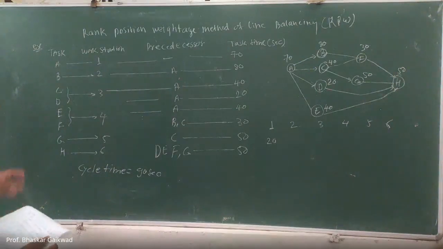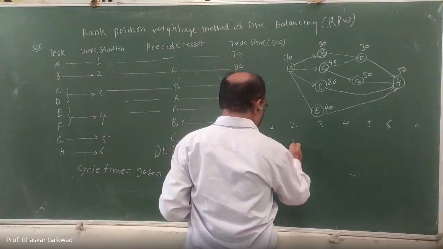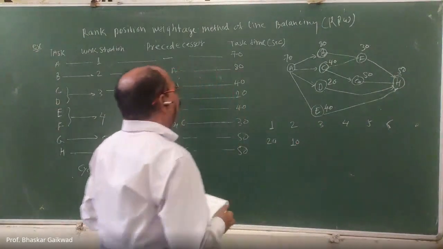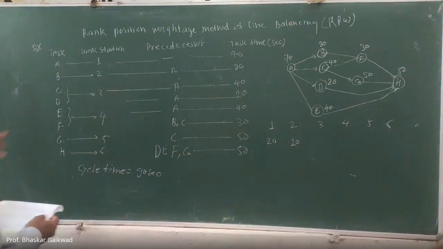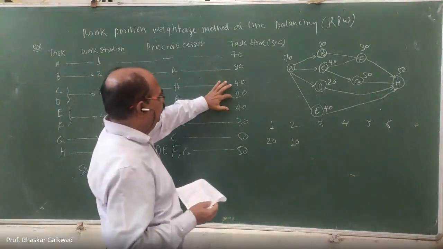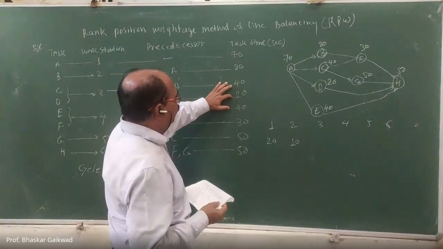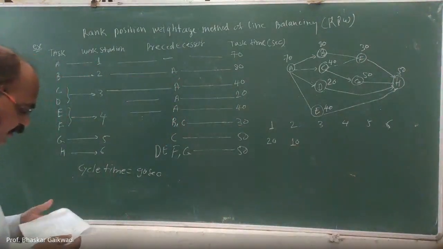Station number two. Number three. Station number three. What is the station number three? 40 plus 60. 90 minus 60. What is the 30?